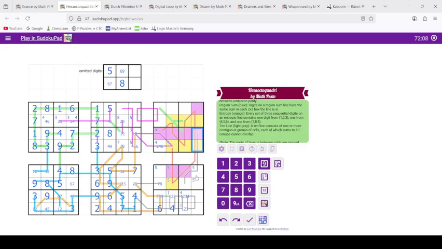Because this is out of 10, we know this is even. This over here is odd. So the rest of the grid has to add to an odd number.